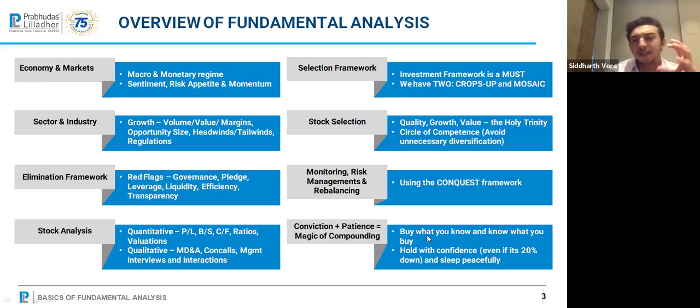And value, again, I'm going to take you through a little more detail on the value aspect. But broadly, there are two ways to value companies: relative valuation and intrinsic valuation. In relative valuation, I'm going to see how a particular company in a particular industry is valued against its peers. And in intrinsic valuation, I do not care about the peers.